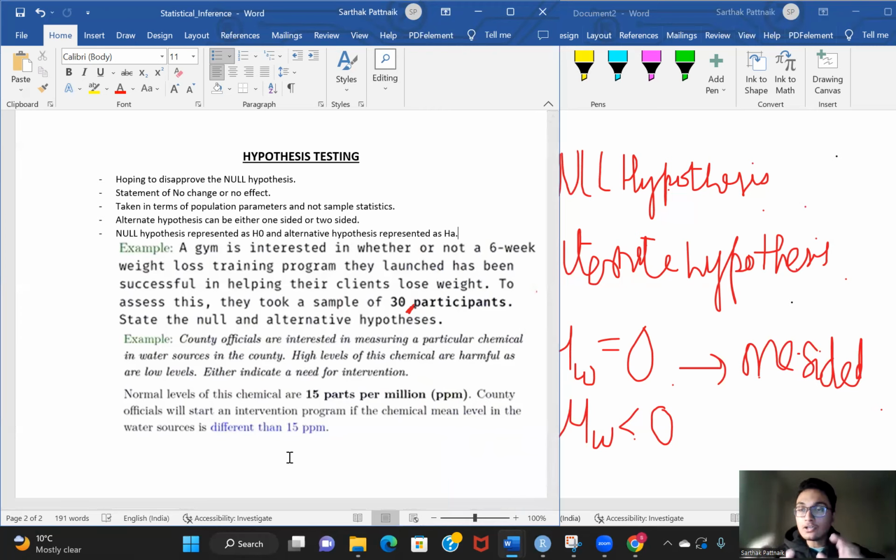That equilibrium state is given by 15 parts per million, or 15 ppm. The non-equilibrium state can be either greater than 15 ppm or less than 15 ppm, because both higher levels and lower levels of chemicals indicate a sign of harmfulness in the water bodies.